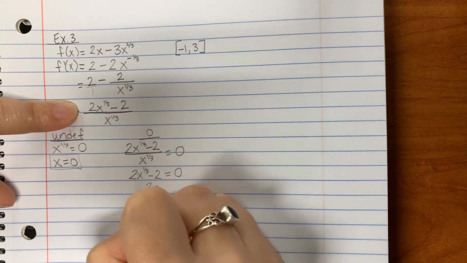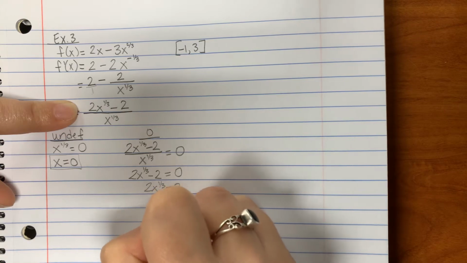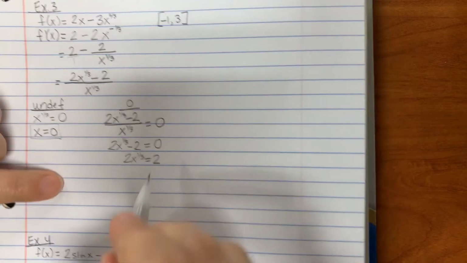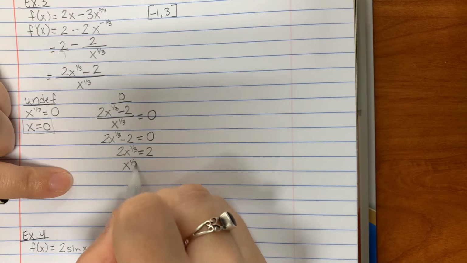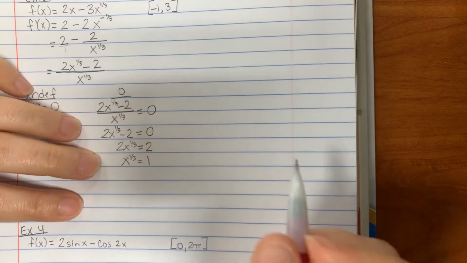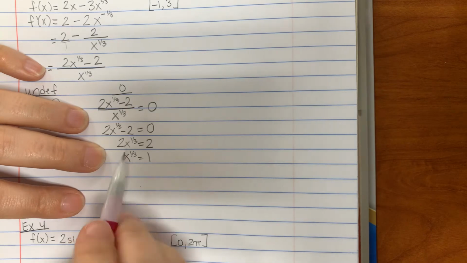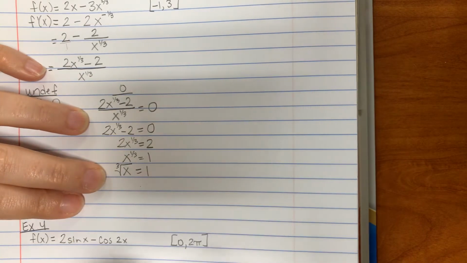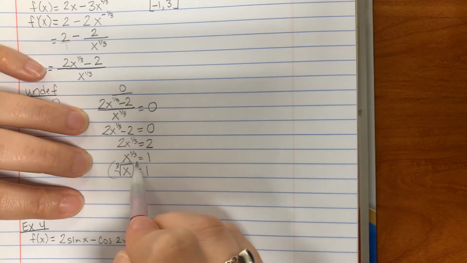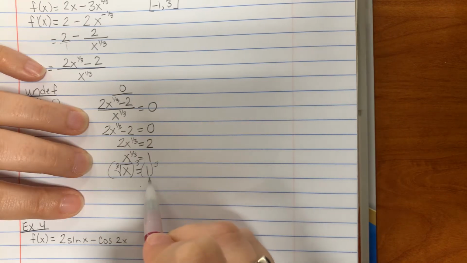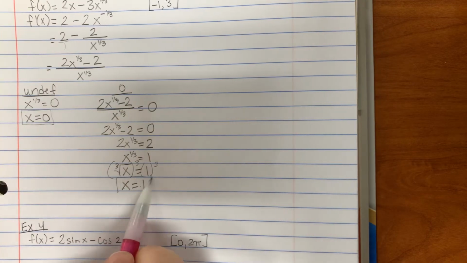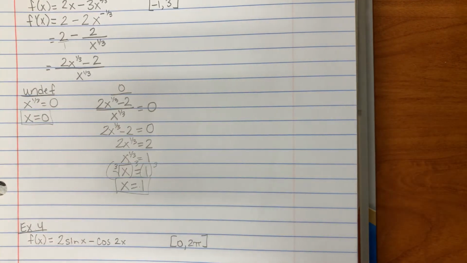So that means 2x to the 1/3 equals 2 if I add 2 to both sides. And then if I divide by 2, x to the 1/3 equals 1. So remember, this is a cube root, right? So you might want to write it like that. And then just cube both sides. So that means x equals 1. So that's another one that I need to think about.